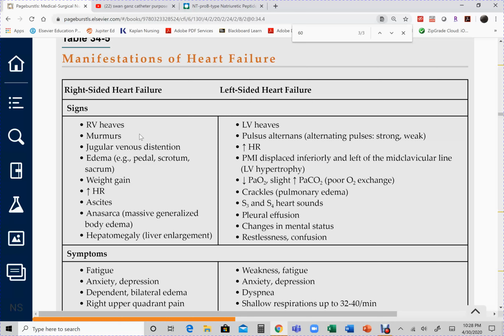Now, I don't mean you and me, but patients with right-sided heart failure are not standing and walking anymore. They are probably in bed, or more so in a chair, because they won't be able to breathe properly and probably can't lie supine, because they have orthopnea.